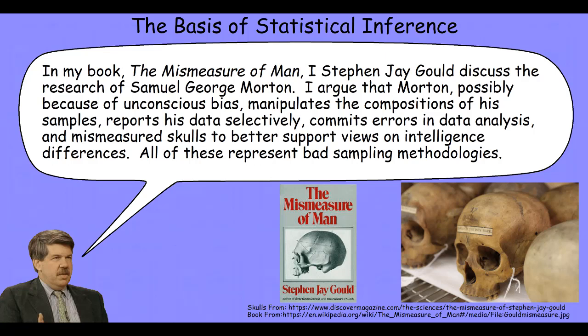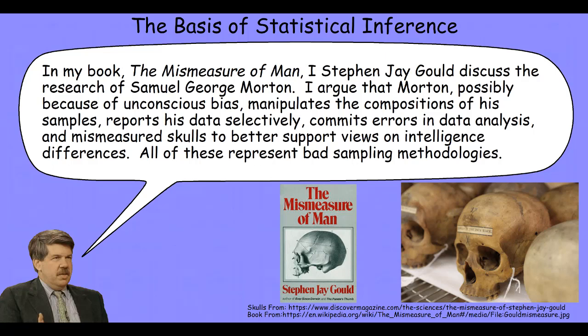Now, it's not clear that he intended to do this, but surely he realized that head size is proportional to body size. So even if cranial capacity was a good measure of intelligence, which it absolutely is not, he's already manipulated the composition of his samples in a way that biases them and taints any inferences that he could make from it.